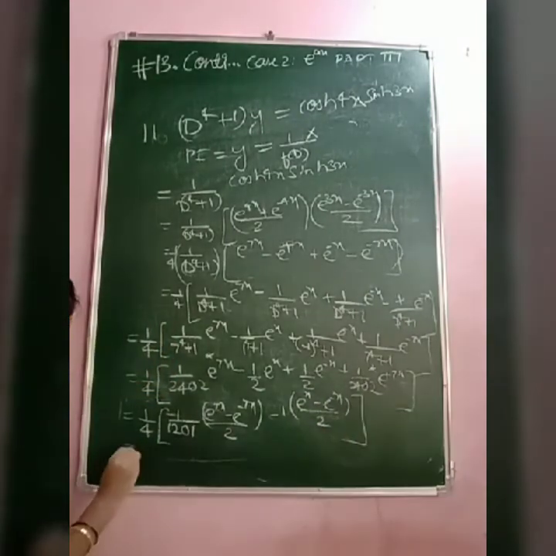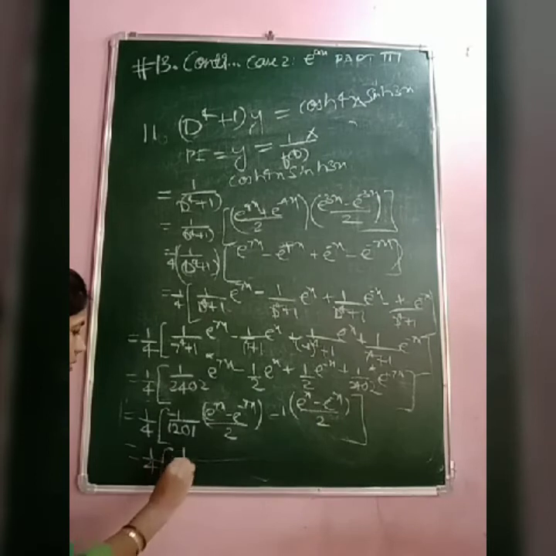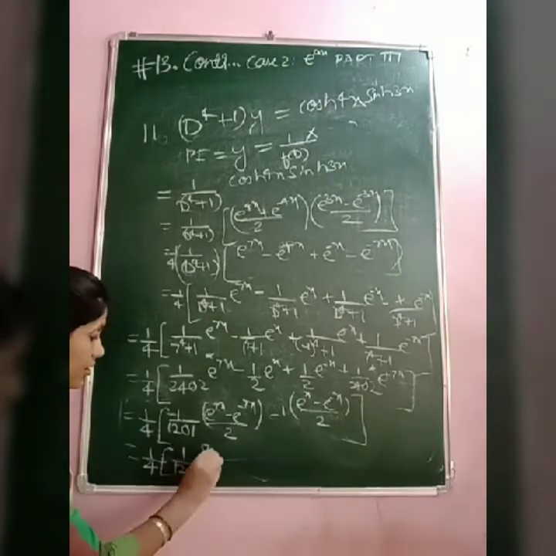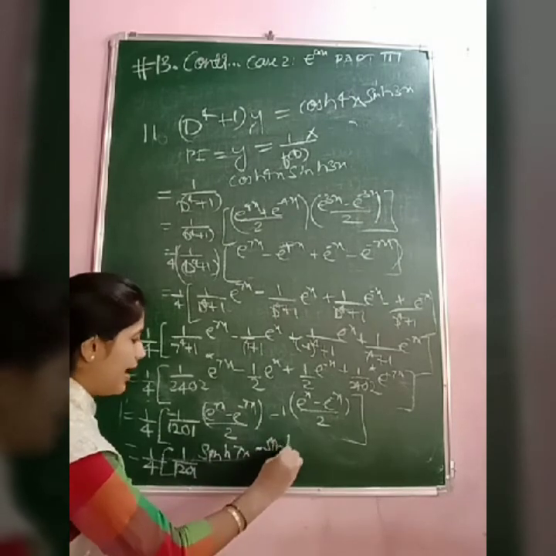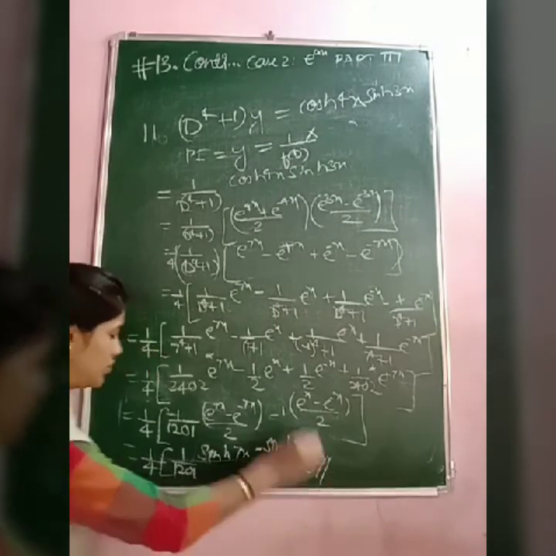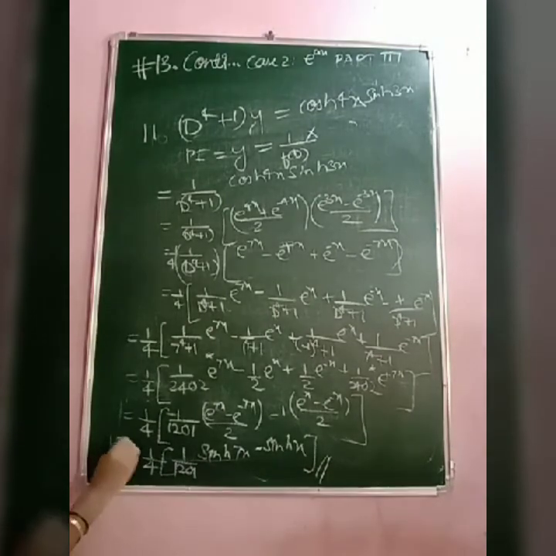So this gives us 1/4 [1/1201 sinh 7x − sinh x]. So this is nothing but our PI.